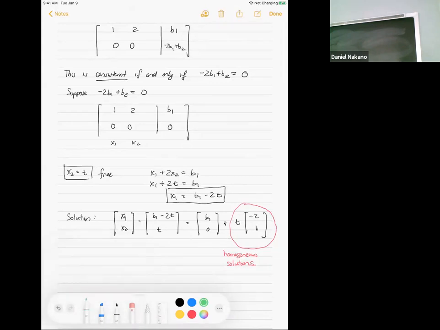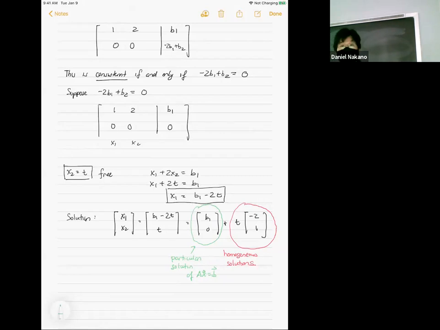All right, so this one here is a particular solution of AX equals B.